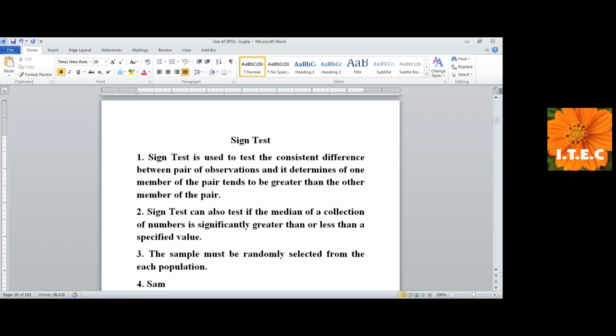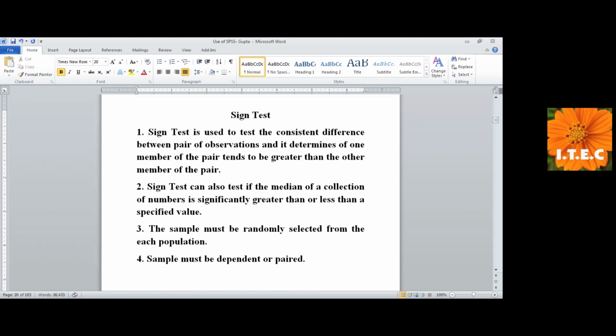The sample must be dependent or paired. You may take a pair, or you may take the dependent.